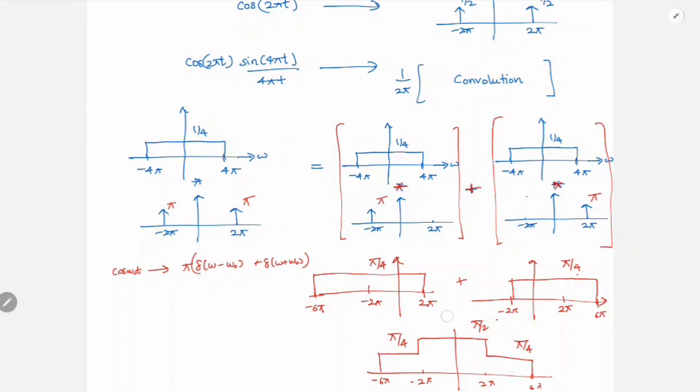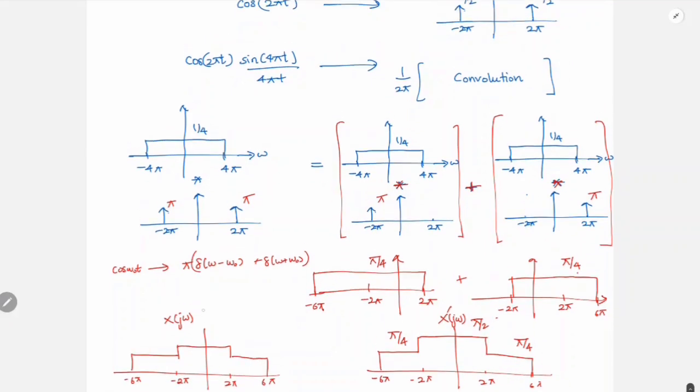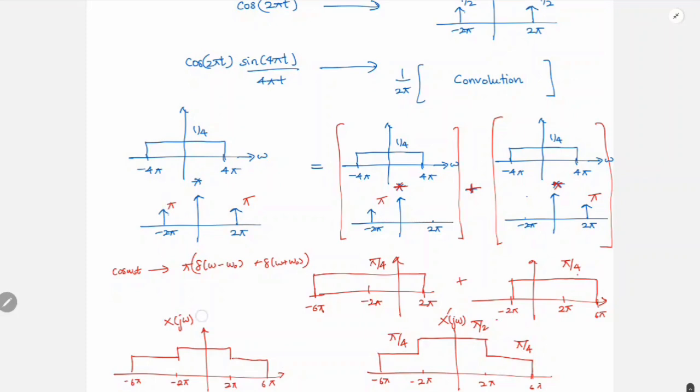So now my X of j omega is actually this into 1 by 2 pi, right? So my X of j omega, at 6 pi, 2 pi, minus 2 pi, minus 6 pi, is nothing but 1 by 2 pi X prime of j omega.